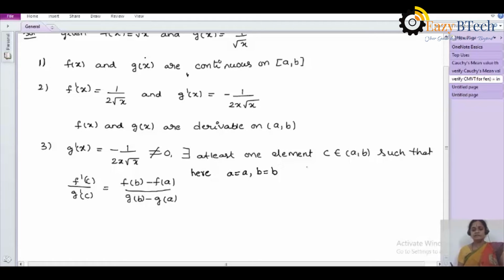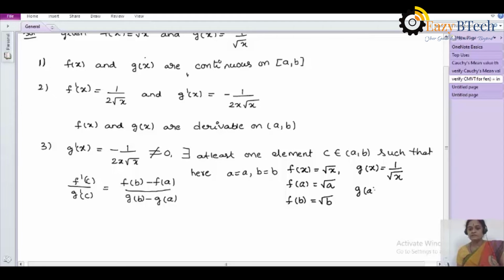Finding the values, f of x is root x, then f of a is root a, and f of b is root b, and g of x is 1 by root x, g of a is 1 by root a, and g of b is 1 by root b.